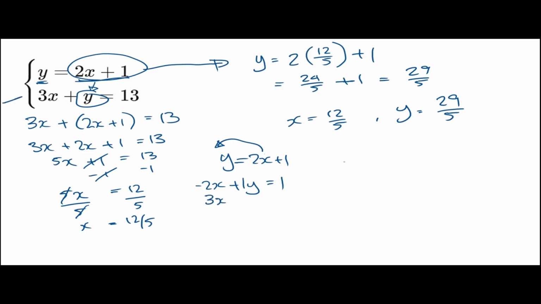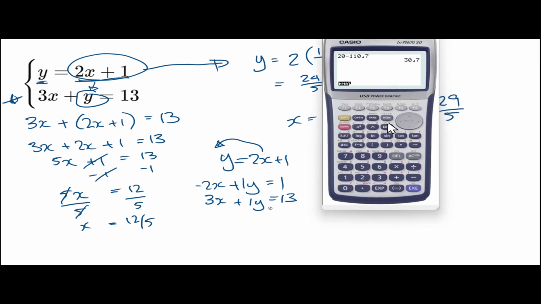and then I'm going to copy the other equation here. In fact, I guess you could have just eliminated it from there, but it doesn't matter. 13, and then I'm going to enter it in that form into the calculator because that's the nice form that it wants. Two unknowns.